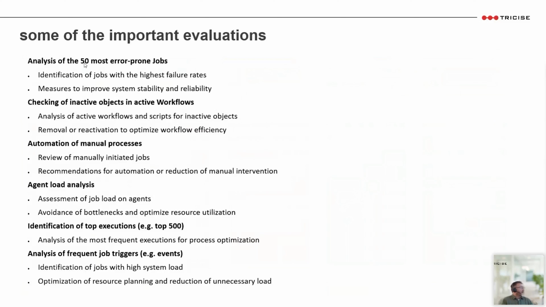We're also checking for inactive objects in active workflows. I don't know where this came from, but we see it more and more that customers are deactivating objects, but keep the objects as part of the workflow. So you might know when you start a workflow, the activation and generation phase starts.